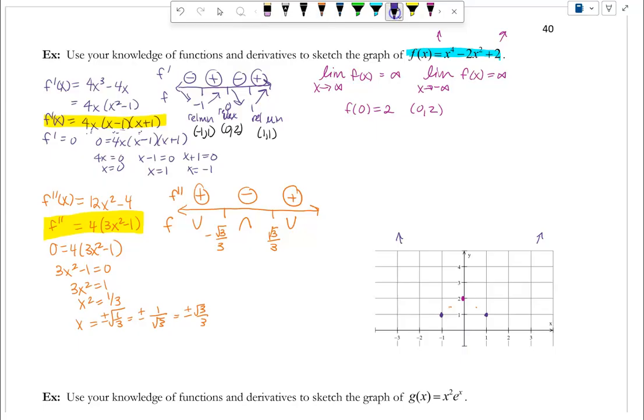So when I go to sketch this graph, I know that my function is curving up until we get to about here. And then it curves down until we get to about here. And then it changes concavity again and curves up. So that is by no means a perfect graph. In fact, it looks a little bit wonky.